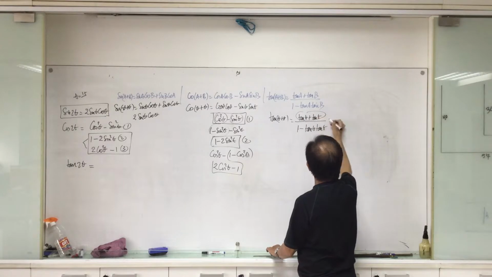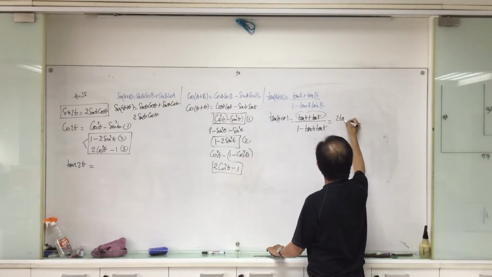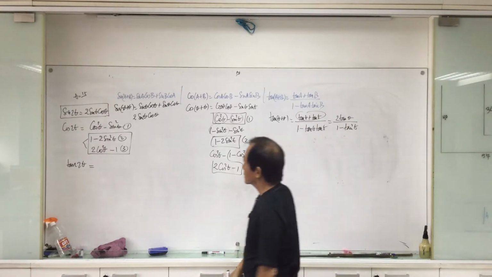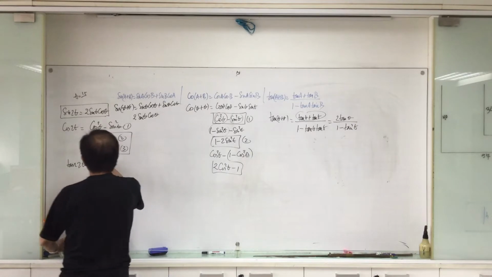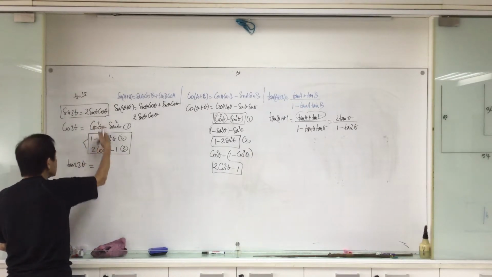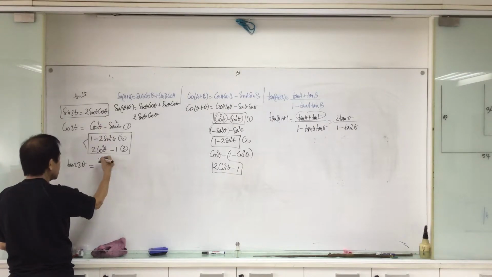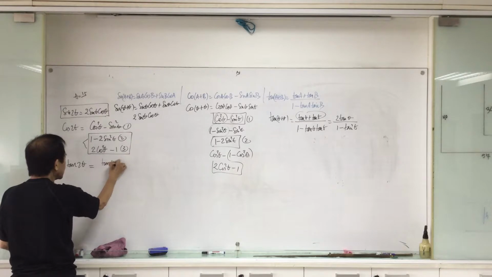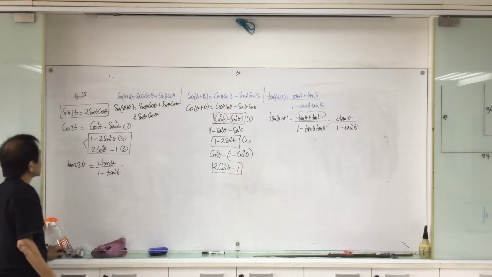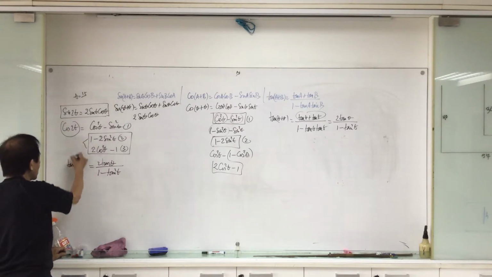So you can add them and get 2 tangent theta divided by 1 minus tangent square theta. So we have another formula for tangent 2 theta, knowing the first three formulas: 2 tangent theta over 1 minus tangent square theta. Now this is what we call the double angle formula.